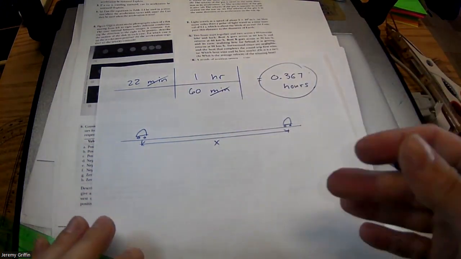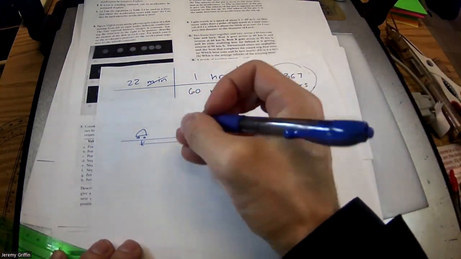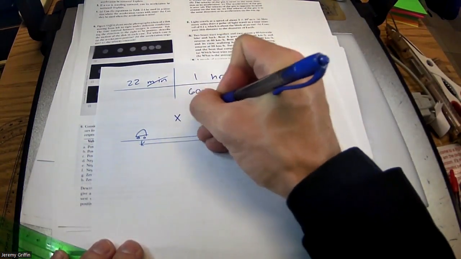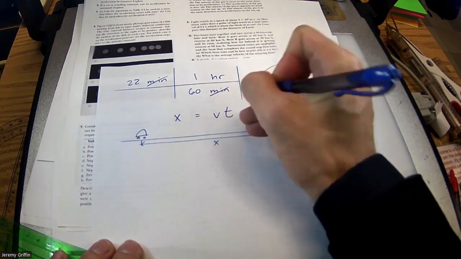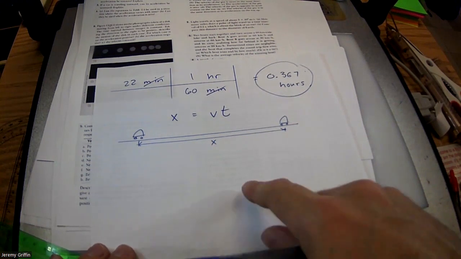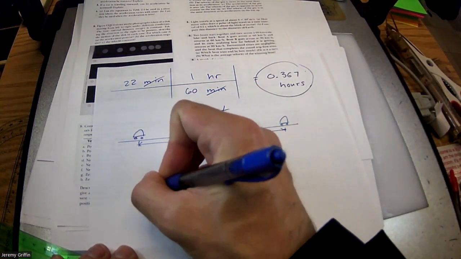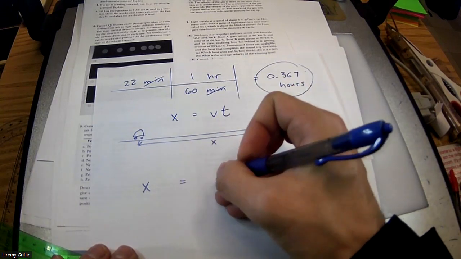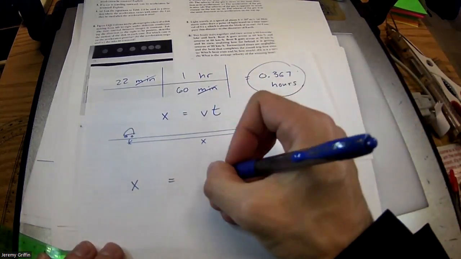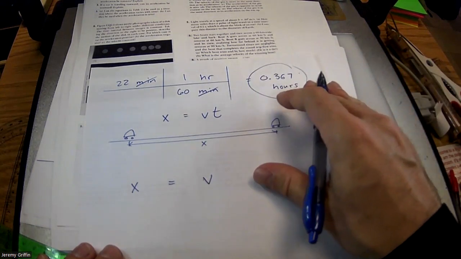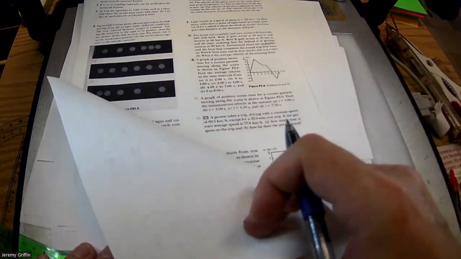And the only formula that everything's going to feed into is going to be some version of displacement equals velocity times time, right? Isn't everything just going to feed into that one way or another? Okay, so for the whole trip, x, we're going to do the travel speed times the amount of time traveled.